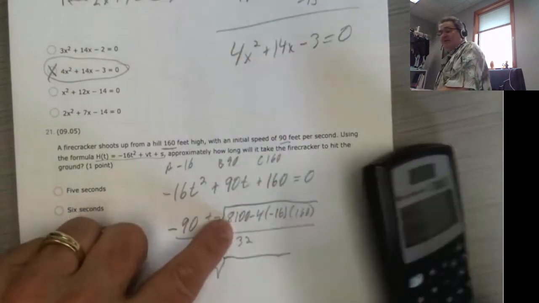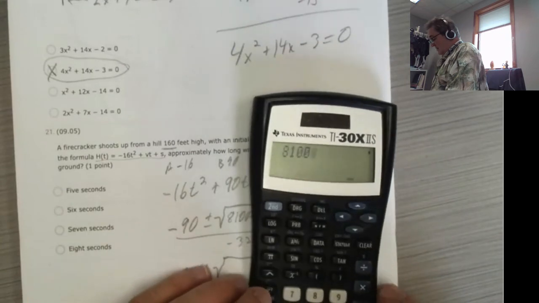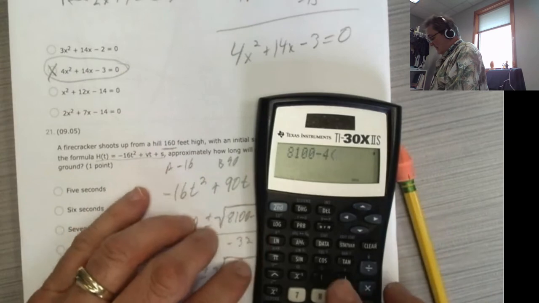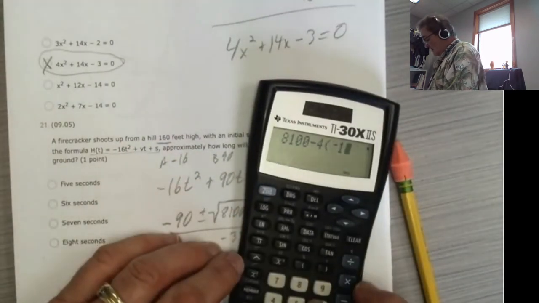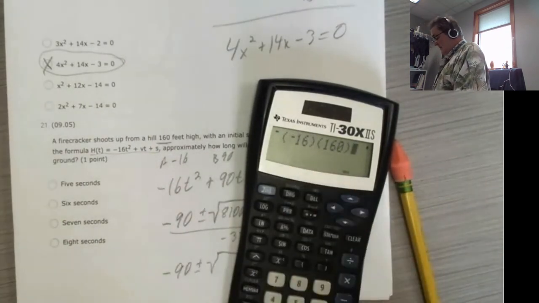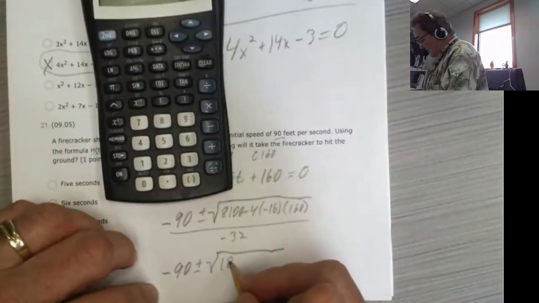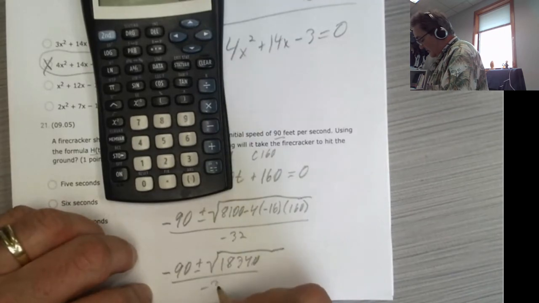Okay, let's simplify all of this underneath here. So if I have 8100 minus 4 times negative 16 times 160, that all simplifies to 18,340. The square root of 18,340 divided by negative 32.